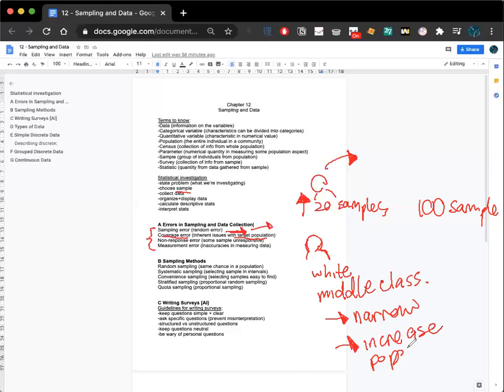By increasing the population sample, it can help deal with this particular randomness and decrease the coverage error overall.